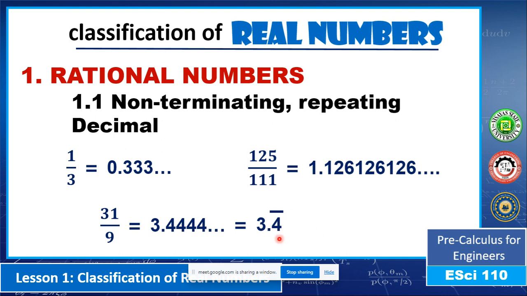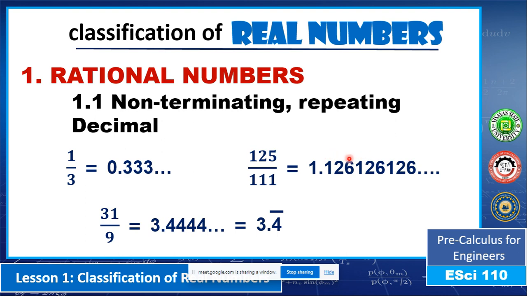So 3.44. So for this 1/3, the 0.333, we can rewrite this shortly, which is equal to 0.3 with a bar. And we can write the 125 over 111 as just 1.126 with a bar, a bar from 1 to 6.